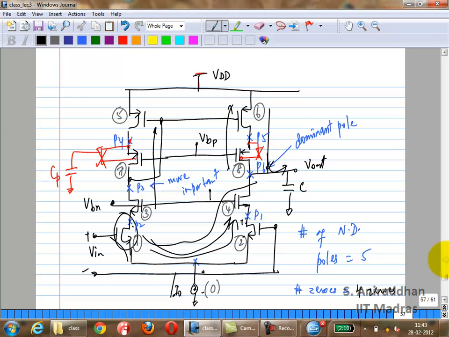Sorry, what about the maximum? Not the output common mode. What about the maximum input common mode voltage? What happens if you keep increasing this? Because you have to worry about this common mode voltage, right?